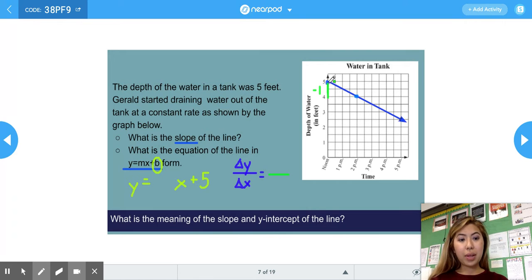Another way to think about this is that when we go up, it's going to be positive, but when we're going down, our slope, also known as the rate of change, is -1. And then from here to here, from noon to 2 p.m., 2 hours have passed. So our change in x values is 2. So our slope is -0.5.